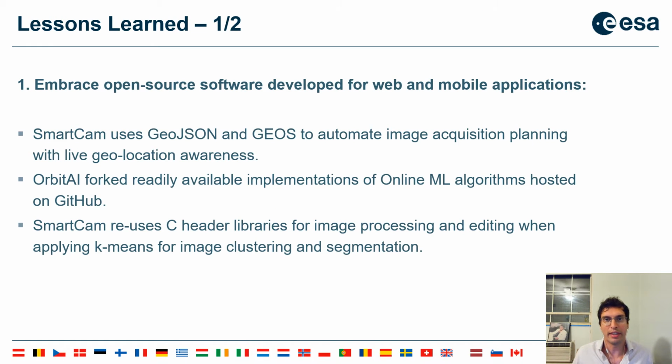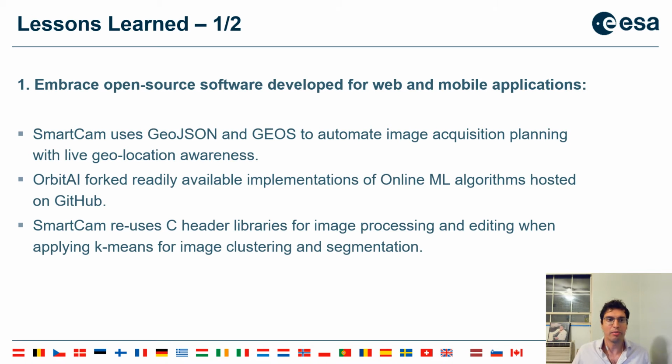Developing and operating these two apps was an exciting preview to what the future holds, and here are some lessons learned from the experience. So number one, the availability of more powerful computers in new space and from COTS opens the door to technology that's been developed and matured for web and mobile applications.